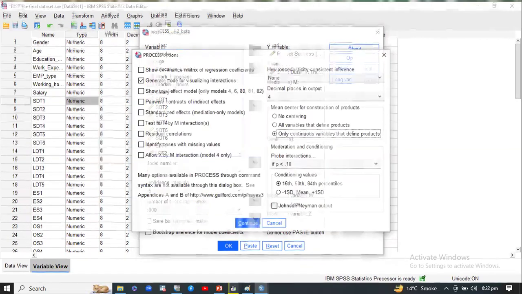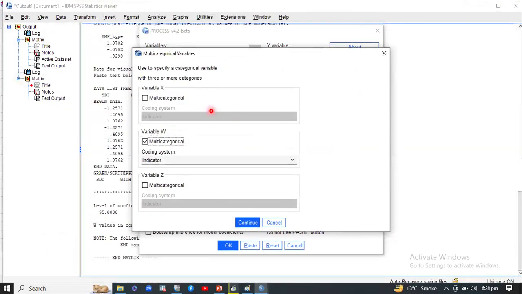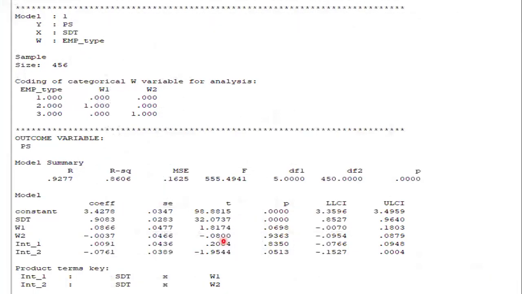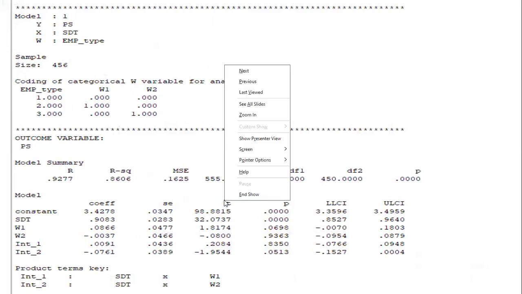The Multicategorical box will show you something like this. As our moderating variable is multicategorical, we need to check this box and select the Indicator button from here, and then click continue. Then the output file looks like this.